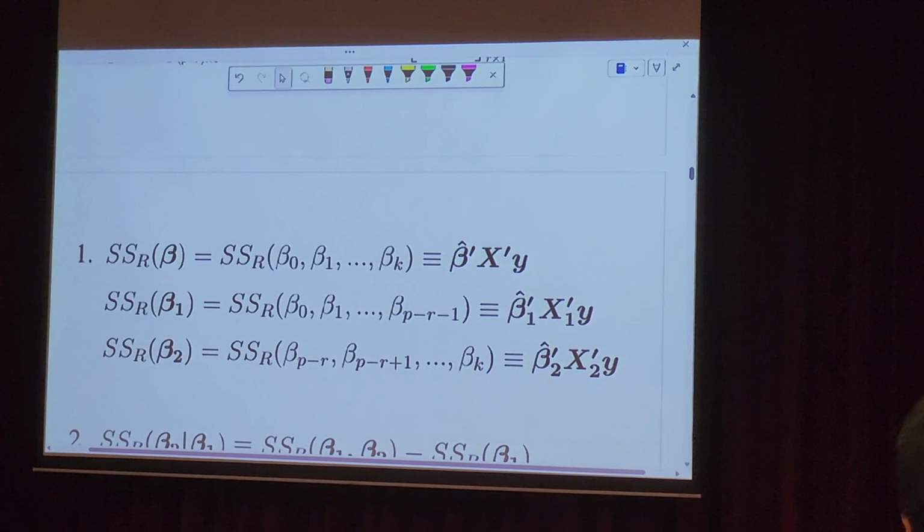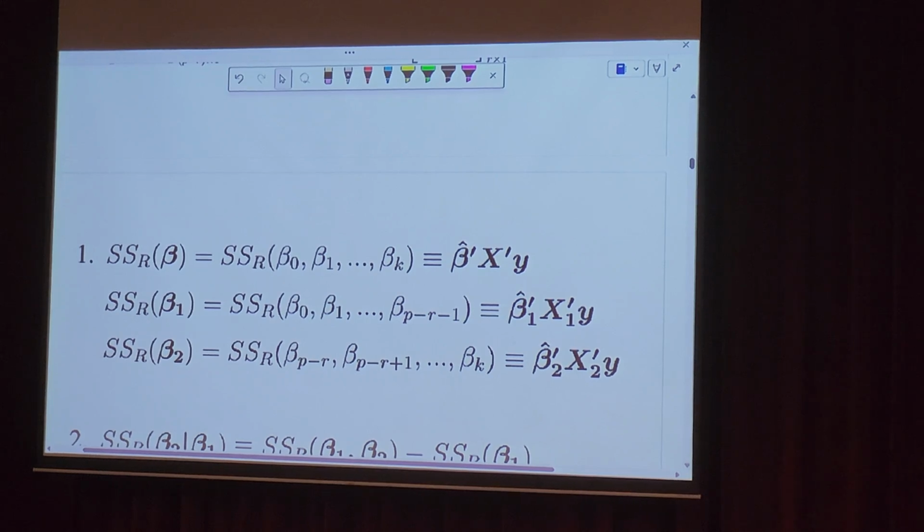All right. So now, SSR beta. Here I'm going to make some definitions. So maybe I should put three lines. So these are definitions. The definition is here.